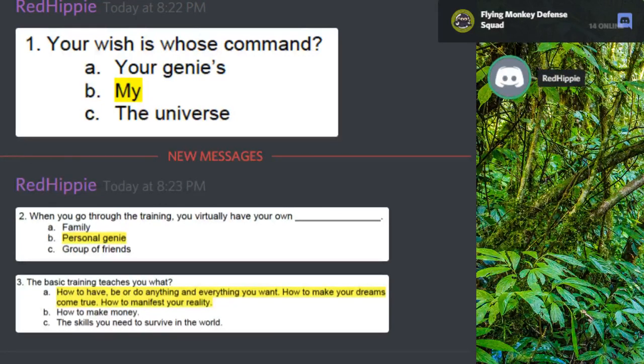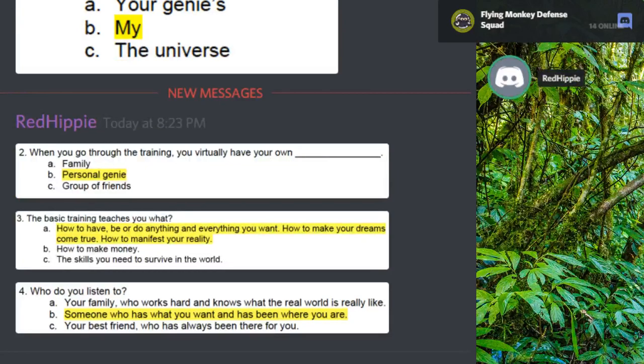Sorry, my computer's acting up. They've been doing things successfully for a long time, so they've actually changed their behavior. But what you want is someone who has been where you are, so that they didn't start out with daddy's money and daddy was a billionaire, and just did stuff from their starting point.